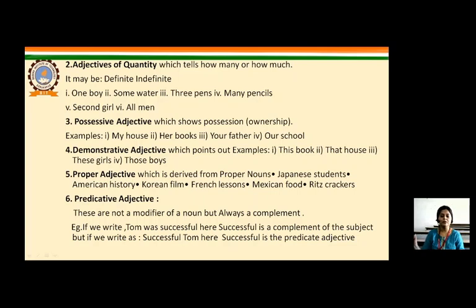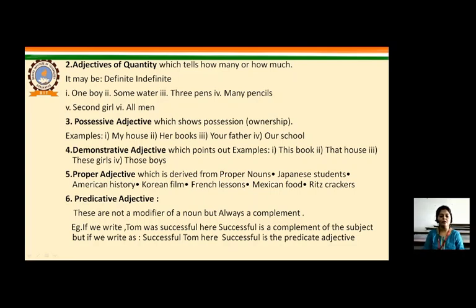Then you are referring to this particular book, not any book, but a particular book that has a name of some particular subject or on some particular topic. Then that house, these girls, those boys. So in all these examples, we are pointing to a particular noun or a set of groups or a noun clause.